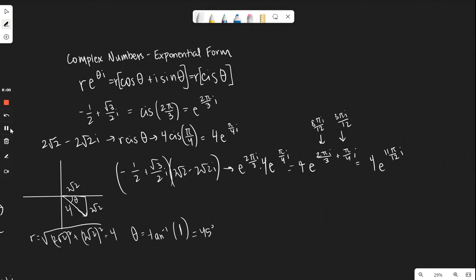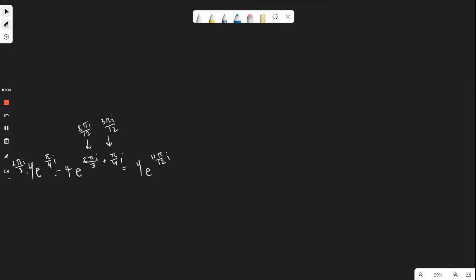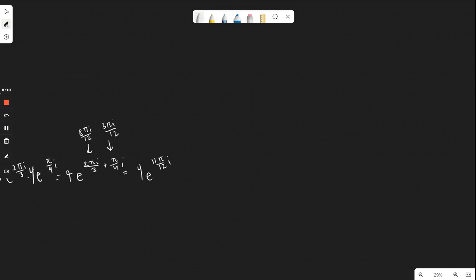Another thing that's really nice to do with this is finding roots. Because let's say we wanted to find the roots of a complex number, like the 6th roots of 1. I'm sure you know one is negative 1 and the other is 1, but what about the other 4?